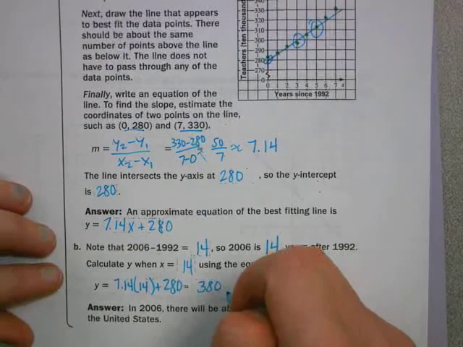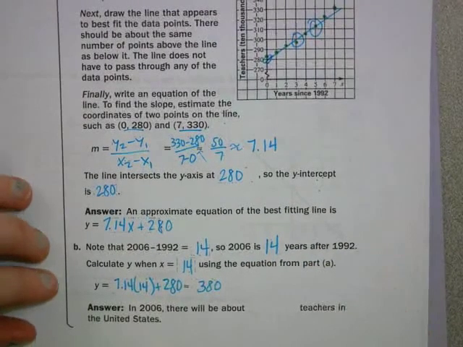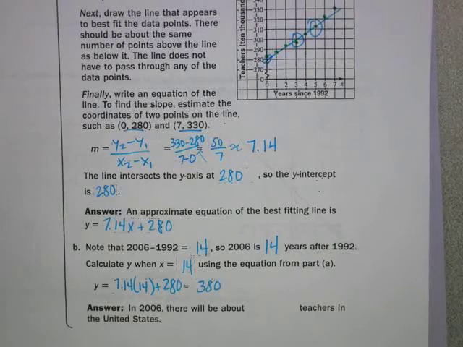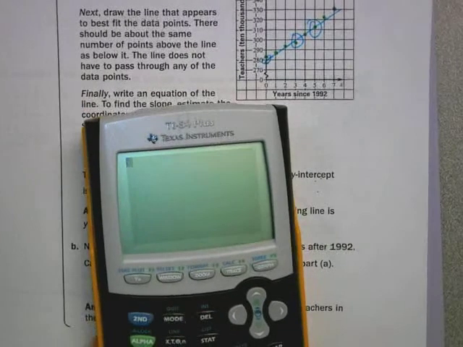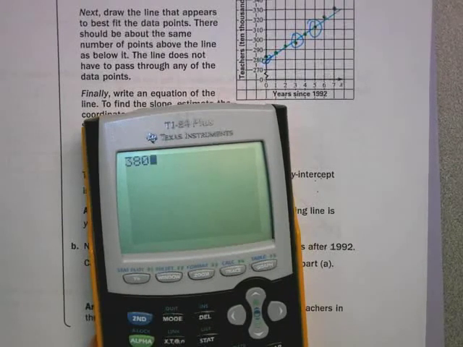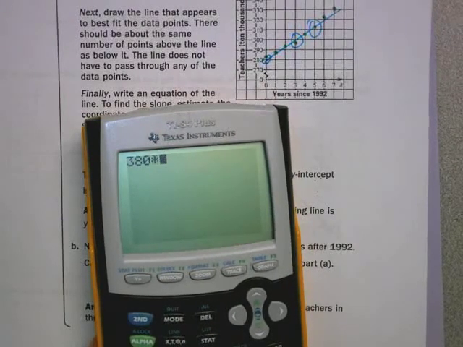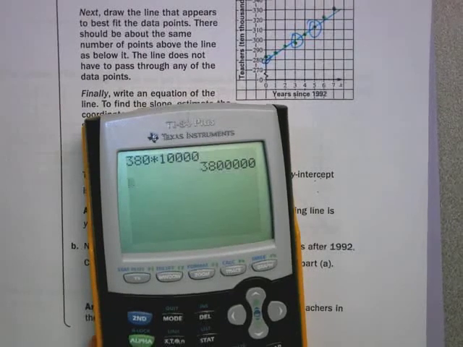In 2006, we have to multiply this by 10,000. All right, so I went and got my calculator so you could see this because it's in 10,000. So it's not 380, it's not 38,000. It's 380 times 10,000. Okay, so that ends up being 3,800,000 teachers.